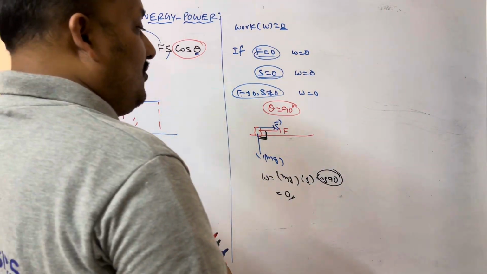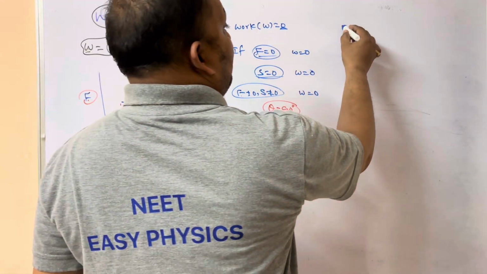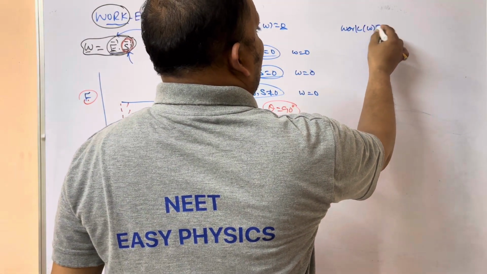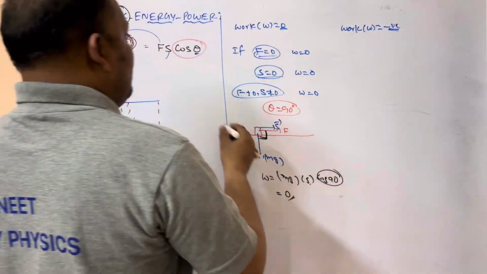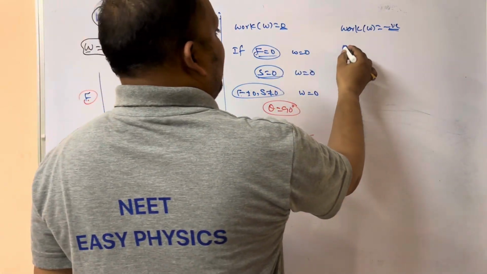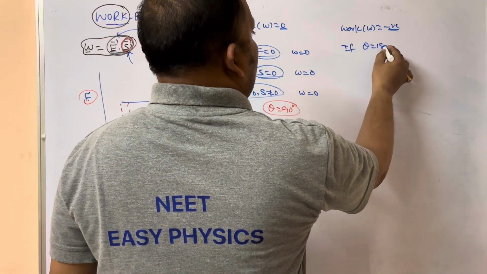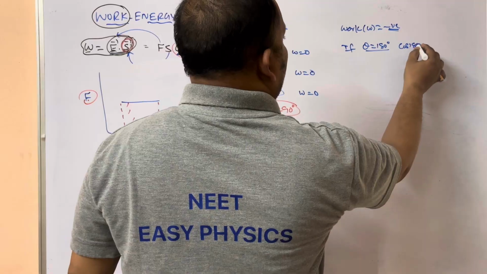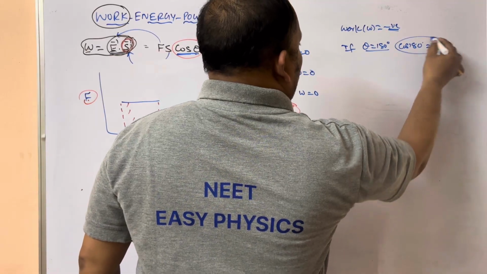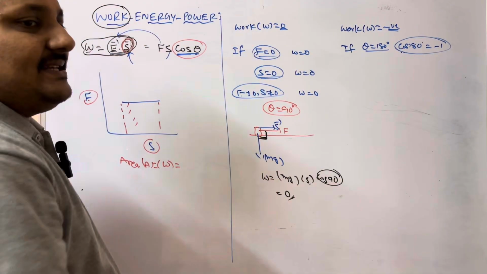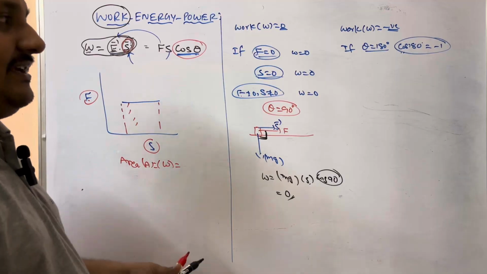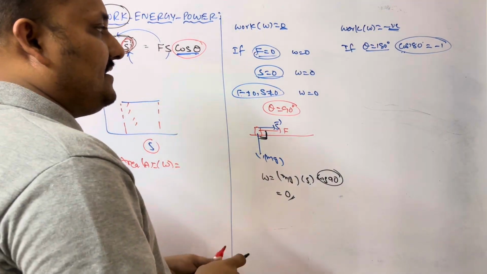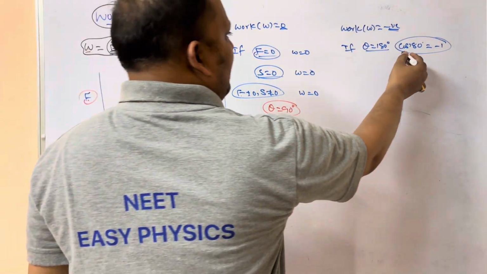Can we get work done negative? Yes, we may get it, if theta is 180 degrees. What is cos 180, as we discussed? Minus 1. All these we discussed in our basics class. Therefore, all the basics you will be using at any point, in any lesson, at any equation.